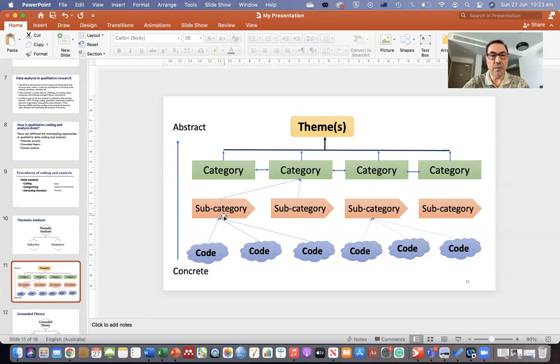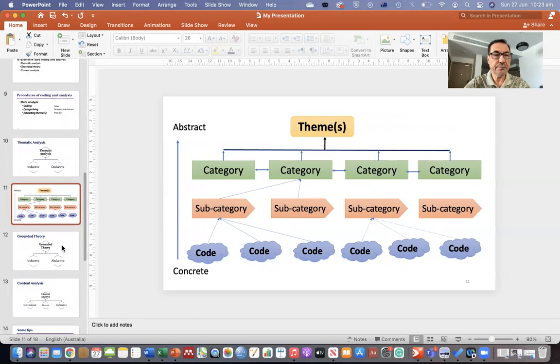Of course, there might or might not be subcategories, depending again on data and research questions. But the important thing is that the inductive approach to thematic analysis is a bottom-up approach. We start with the concrete data, and we move towards more abstract levels, which are categories and themes.